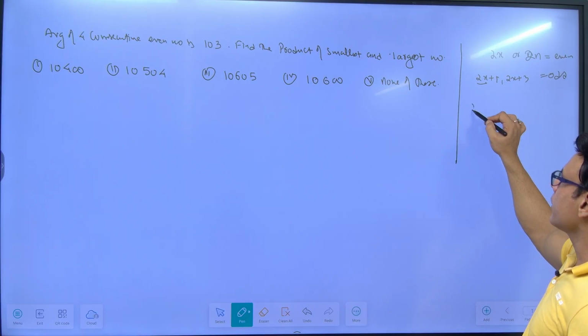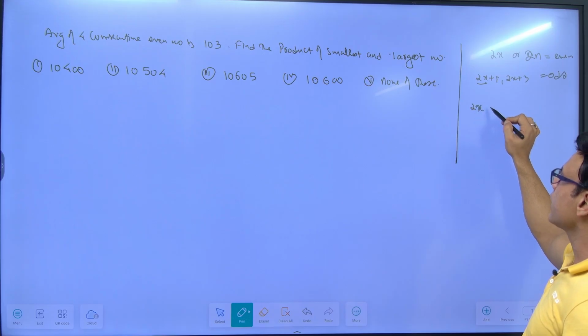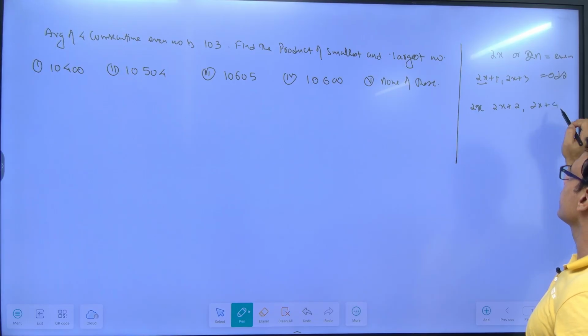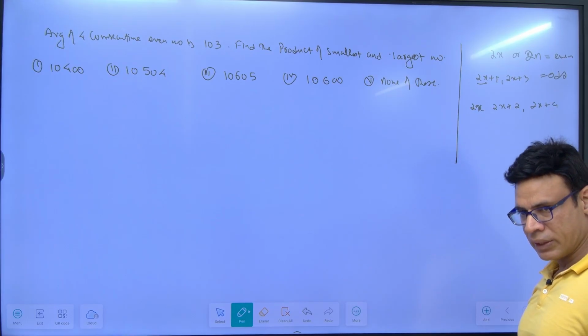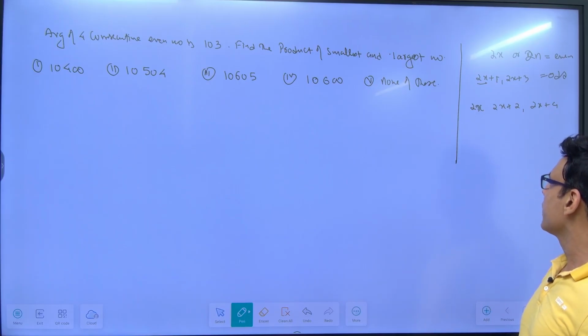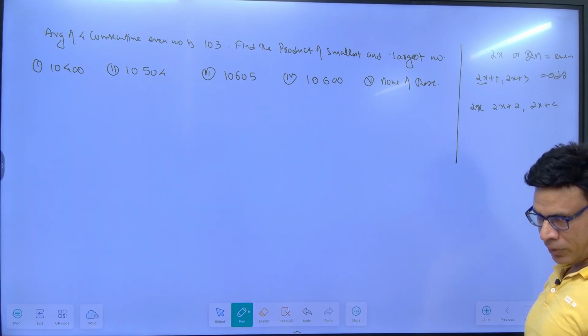So if the first number is 2x, the next number is 2x plus 2, which is also even, then 2x plus 4, 2x plus 6. An odd number is 2x plus 1, 2x plus 3, 2x plus 5.